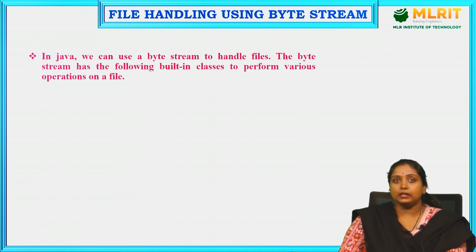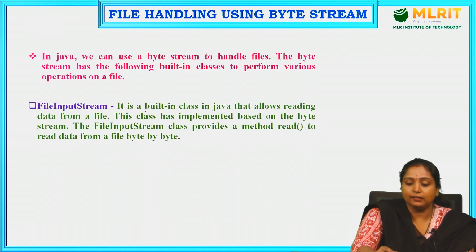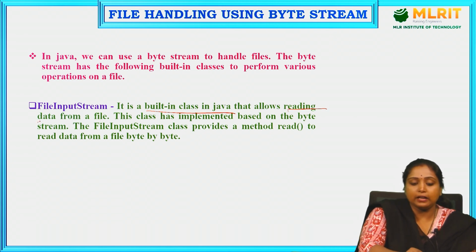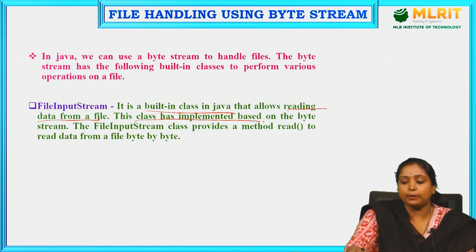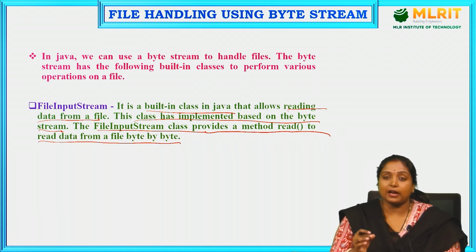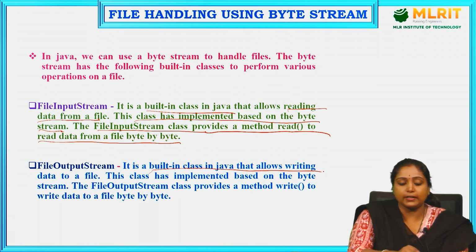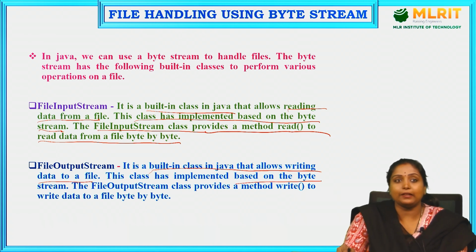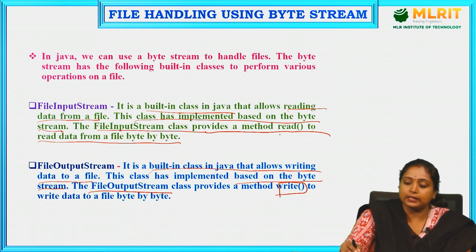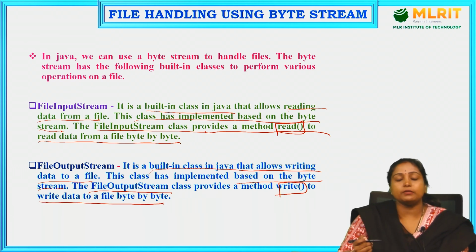There are many built-in classes to perform various operations on a file. FileInputStream is a built-in class in Java that allows reading data from a file, implemented based on the byte stream, and it provides a read method to read data from a file byte by byte. FileOutputStream is also a built-in class that allows writing data into a file, implemented based on the byte stream, and it provides the write method to write data to the file byte by byte.